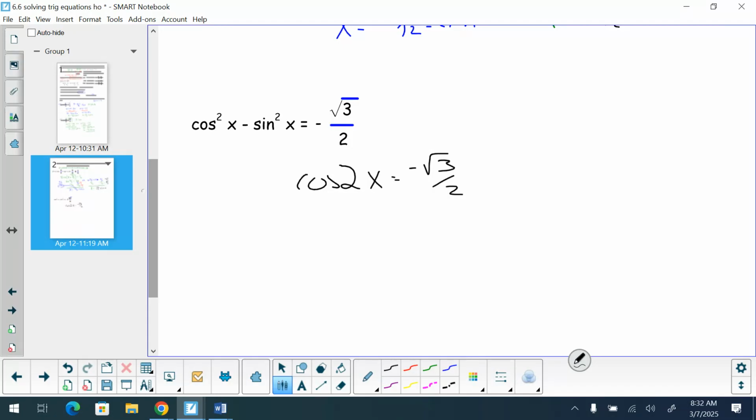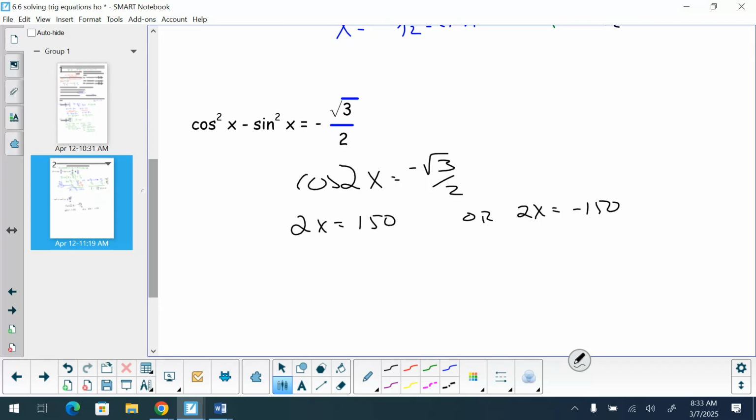Inverse cosine of negative square root of 3 over 2, what do we come up with? 150. Inverse cosine gives two solutions, the principal value and also its opposite.